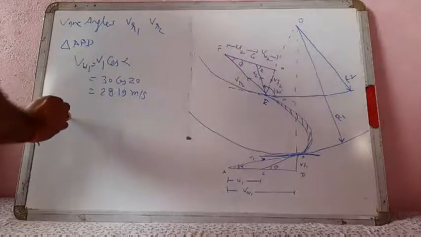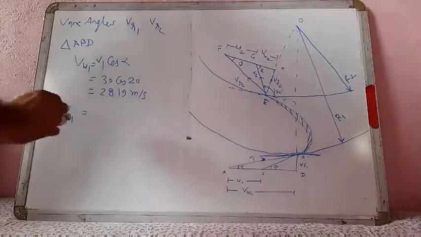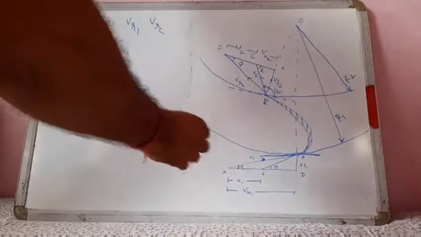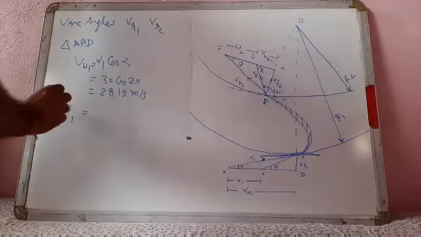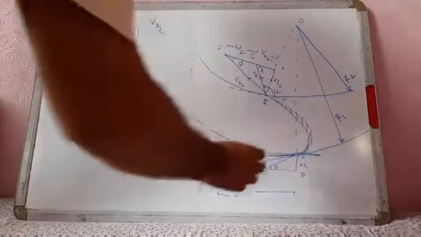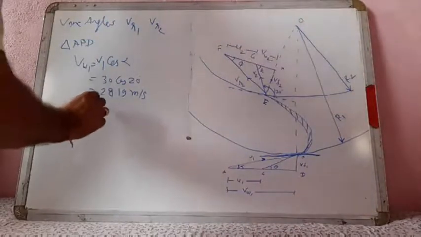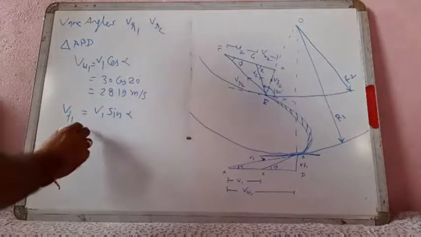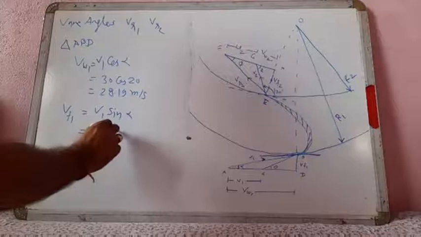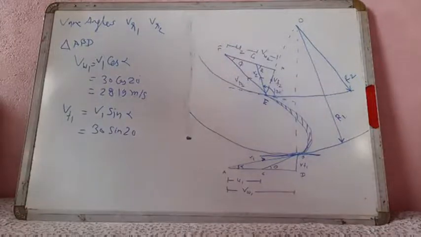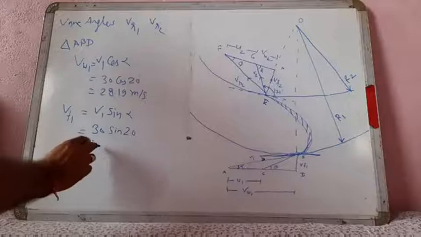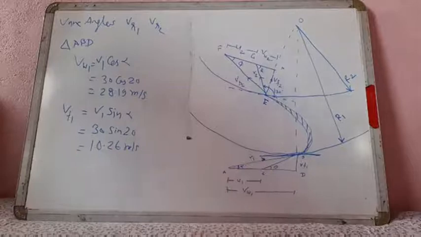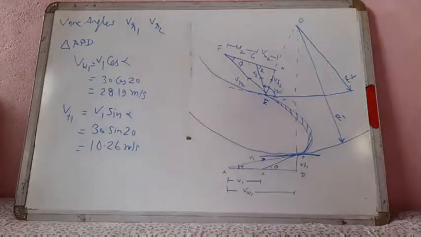And VF1 is V1 sin alpha, 30 sin 20, so this comes to 10.26 meters per second.